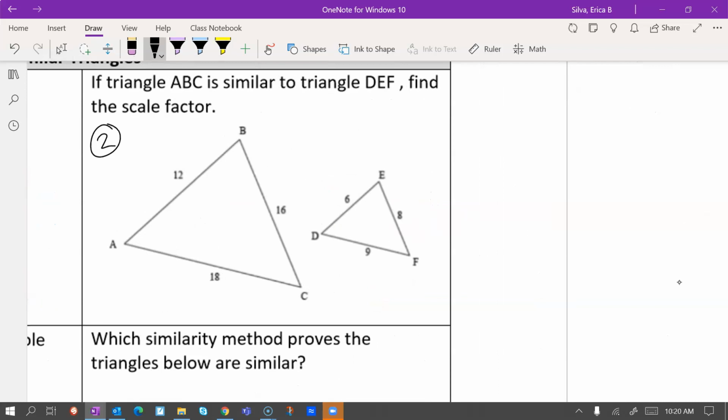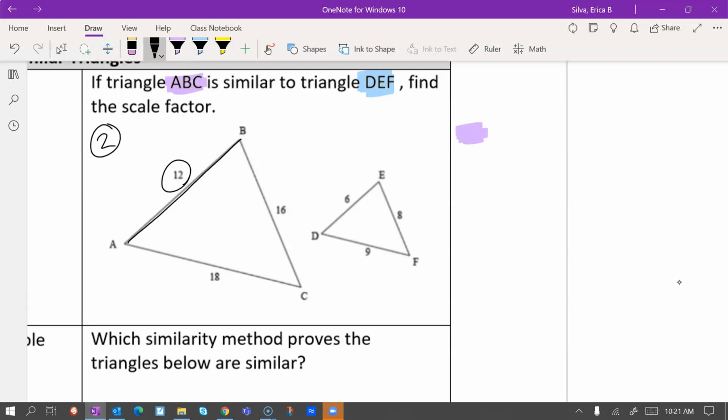For the next one, again, we have two similar triangles, DEF and ABC. It wants us to find the scale factor. Because ABC is written first, and it's similar to triangle DEF, the sides of ABC are going to be my numerator. So we look for one side.